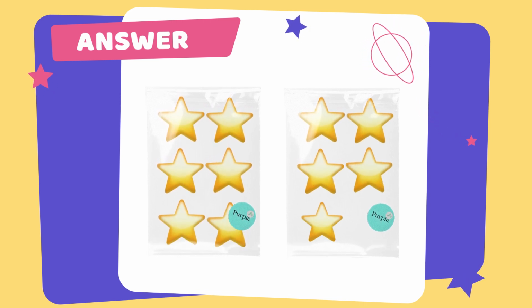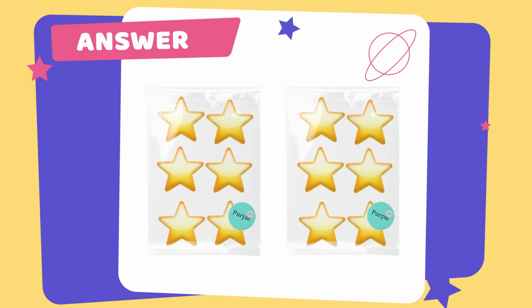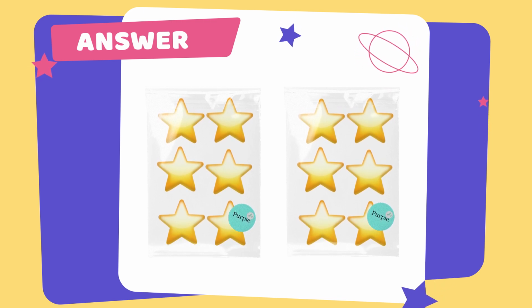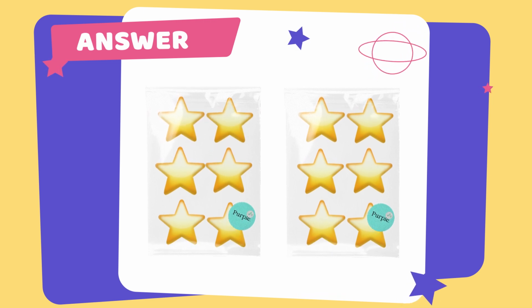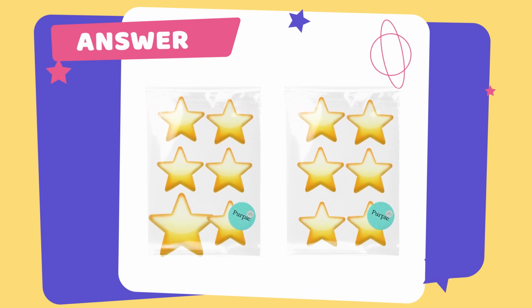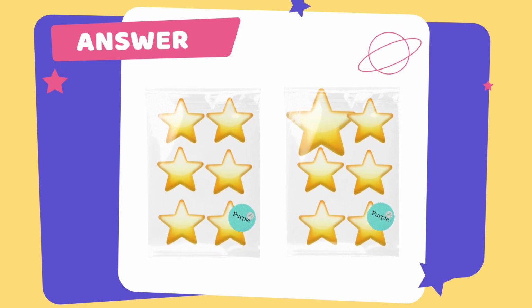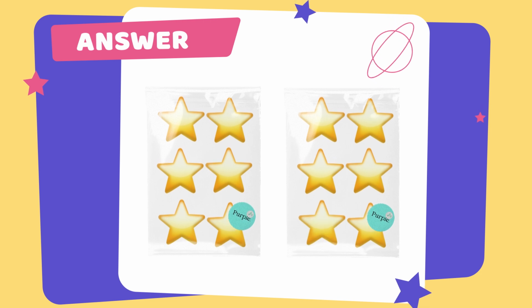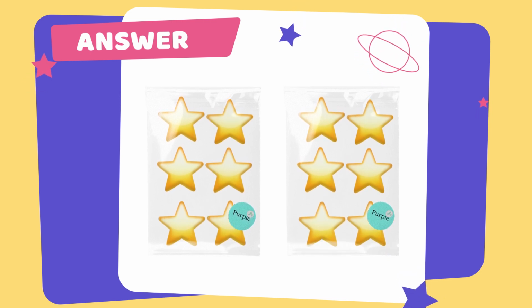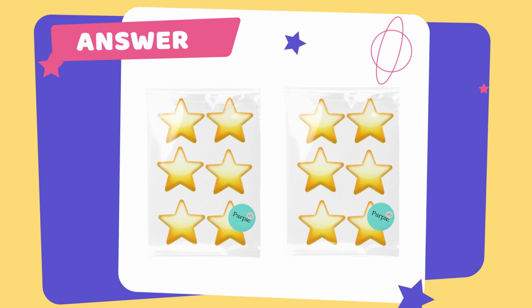If you count all the stars in both bags, you will get 12 stars in total. Let's count together. 1, 2, 3, 4, 5, 6, 7, 8, 9, 10, 11, 12. So, 6 times 2 equals 12.